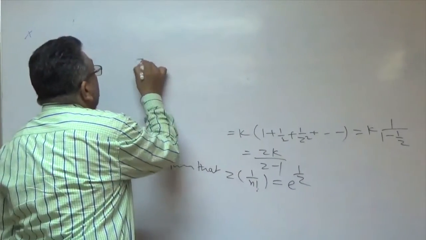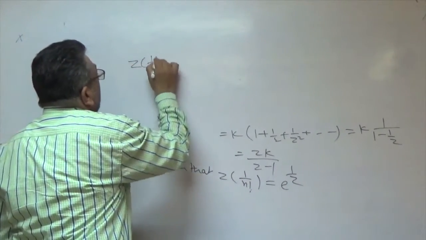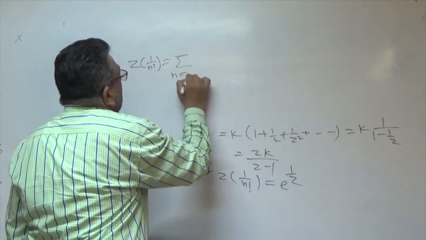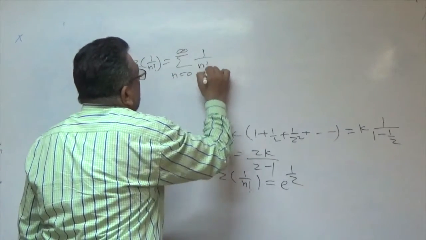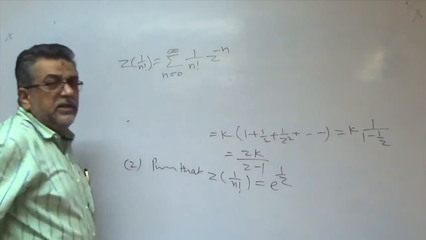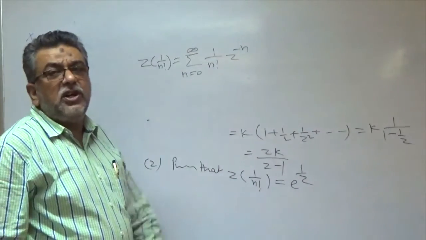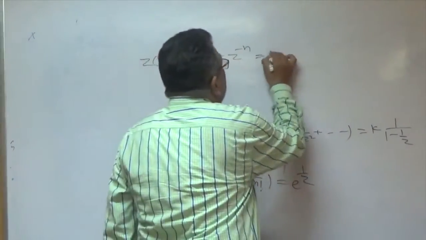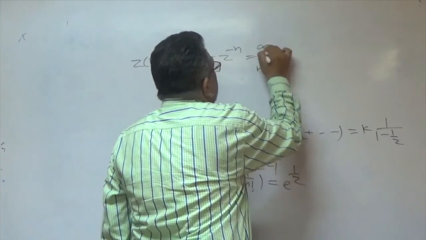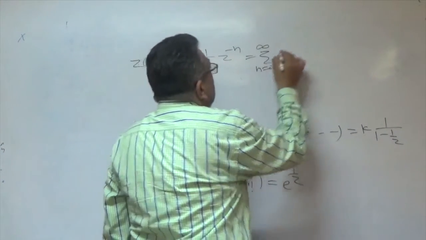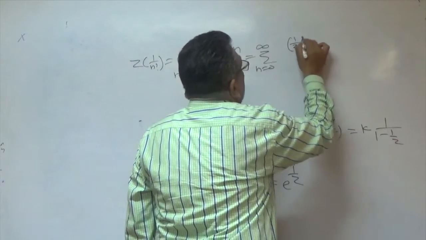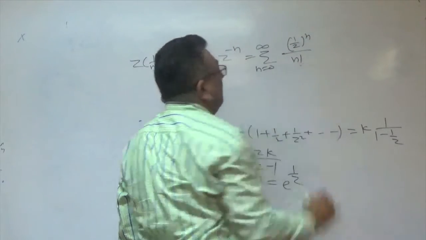Then, by definition, the Z transform of 1 upon factorial n is sigma n equal to 0 to infinity 1 upon factorial n z to power minus n. This is directly by the definition of Z transform. You can write it as sigma n equal to 0 to infinity 1 upon z to power n upon factorial n.